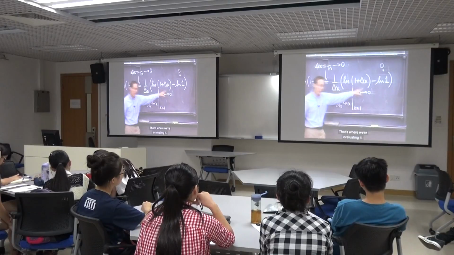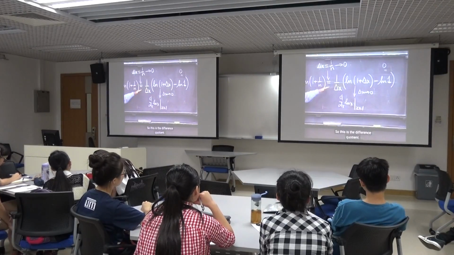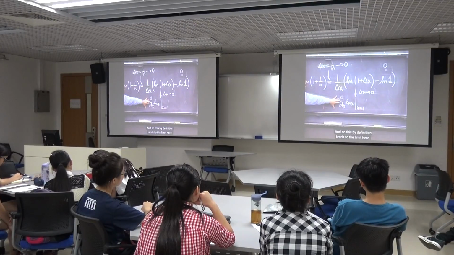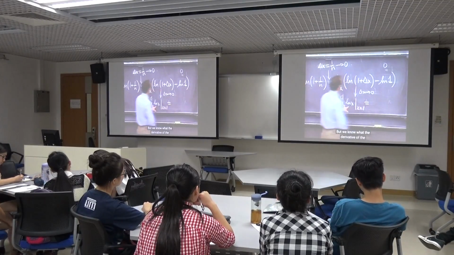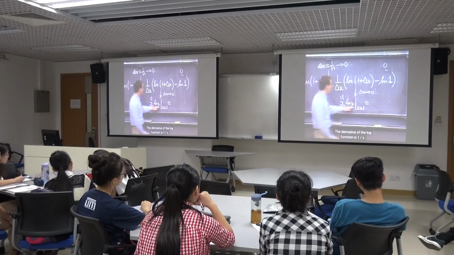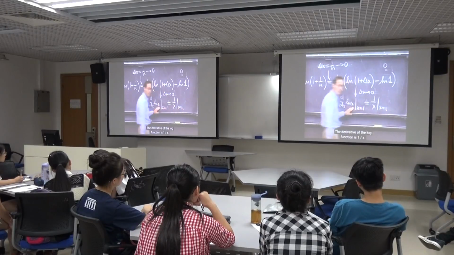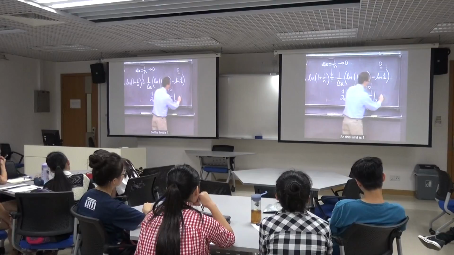That's where we're evaluating. That's the x0, the base value. But this is the difference quotient. That's exactly what it is. And so this, by definition, tends to this limit here. But we know what the derivative of the log function is. The derivative of the log function is 1 over x. So this limit is 1.